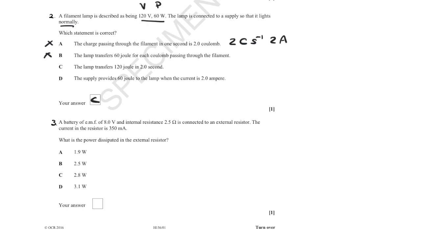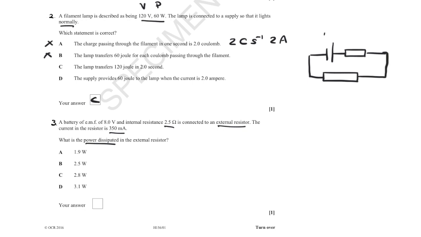Question number 3. A battery of EMF of 8 volts and internal resistance of 2.5 ohms is connected to an external resistor, and the current in the resistor is 350 milliamps. What is the power dissipated in the external resistor? So let's just draw this circuit out. We are given an internal resistor and an external resistor, 8 volts, 2.5 ohms, and a current of 0.35 amps flowing through.